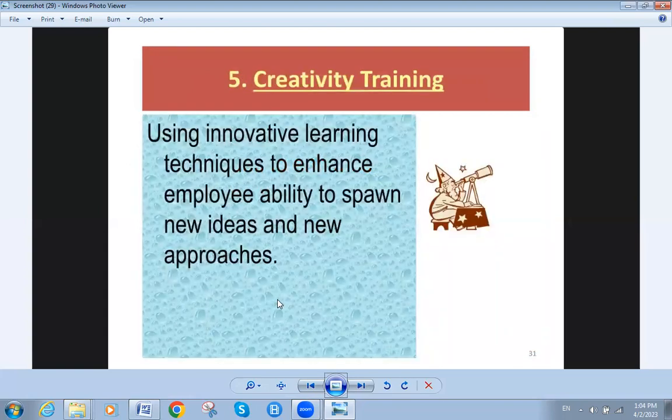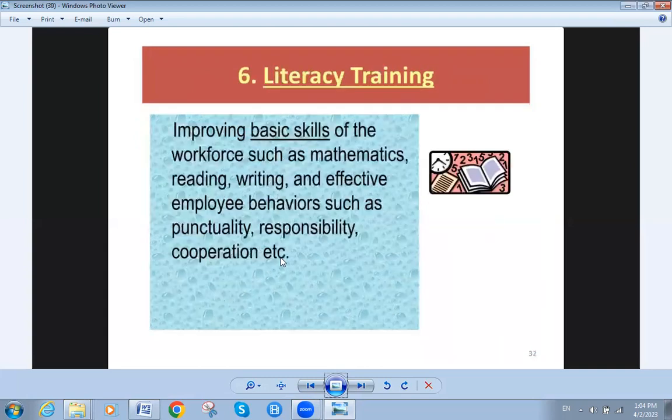We also have creativity training, using innovative learning techniques to enhance employees' ability to spawn new ideas and new approaches. We have literacy training, improving basic skills of the workforce, such as mathematics, reading, and writing, and effective employee behavior, such as punctuality, responsibility, and cooperation.